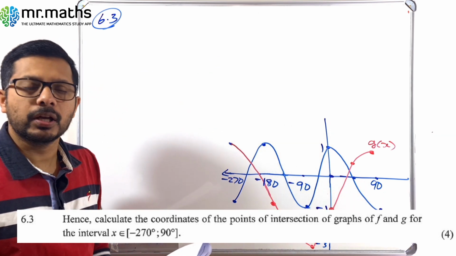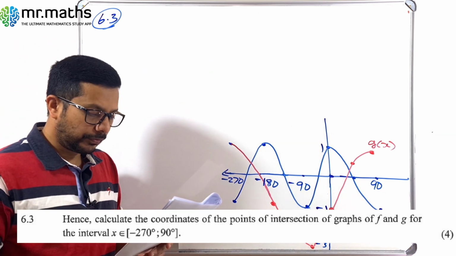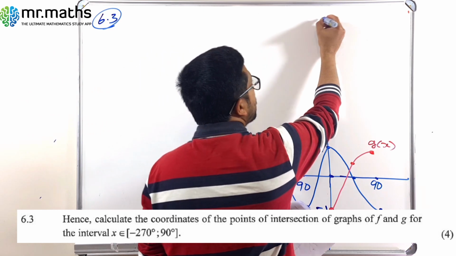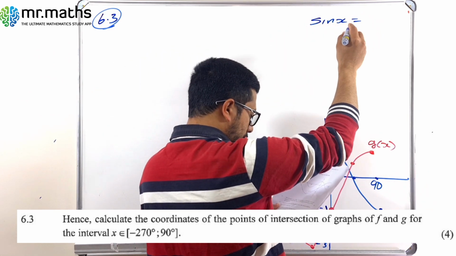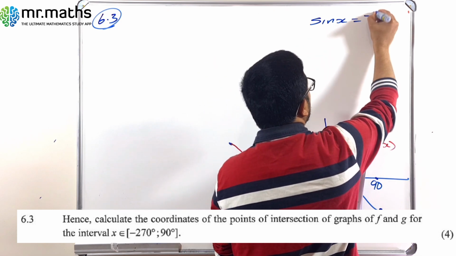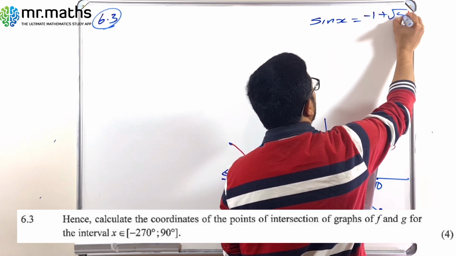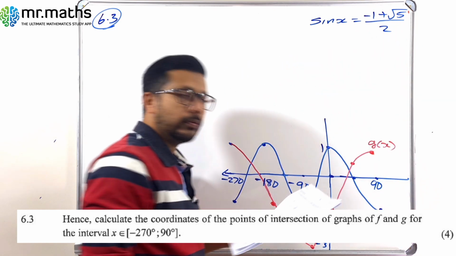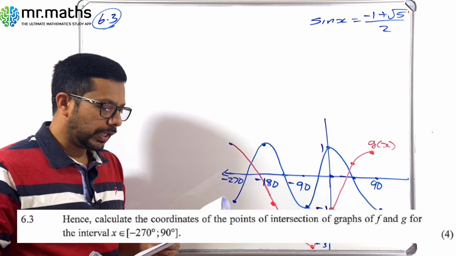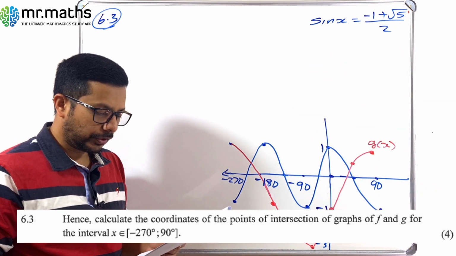What is the meaning of that? Do you remember, in the previous question we already got sin x is equal to minus 1 plus root 5 divided by 2. What was the previous question? Let A be a point of intersection of f and g.